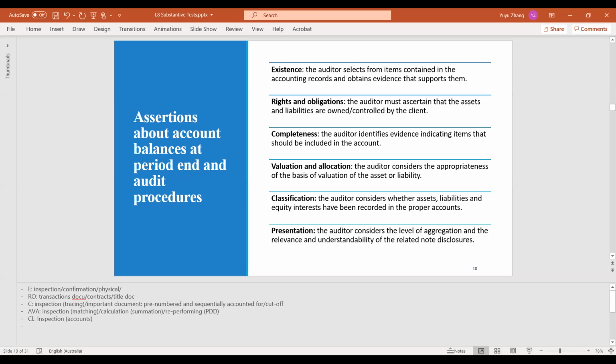What about the presentation and disclosure assertion? Because it is at the financial statement level, you look at the financial statements and also check that disclosure is done properly. So actually all the evidence from existence, rights and obligations, completeness, valuation, and classification would finally have an impact on the presentation.